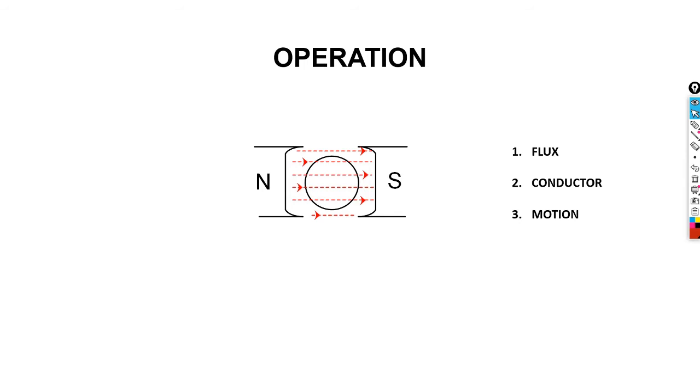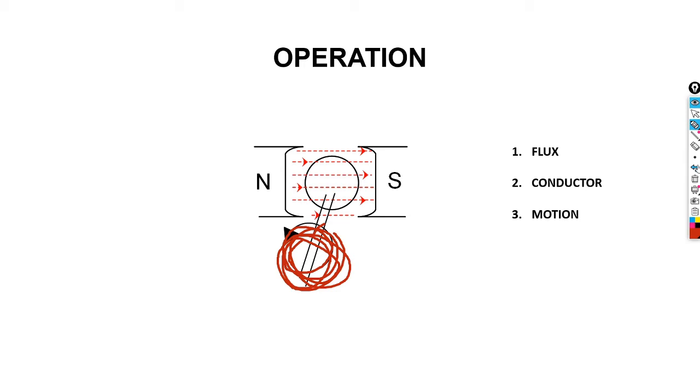The third thing we need is motion. As we said, we are converting mechanical energy into electrical energy, so our mechanical force will be this, because we come with a rotational motion.